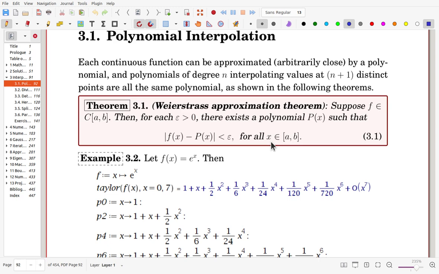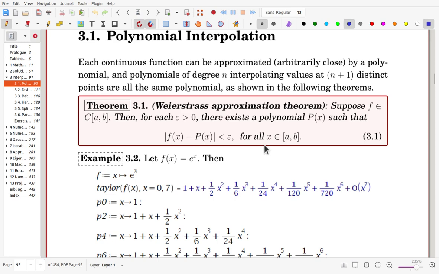Then sometimes it's impossible to find a polynomial uniformly near to the given function. We'll see later on some examples and limitations given from reality.